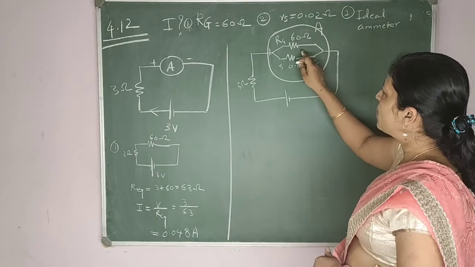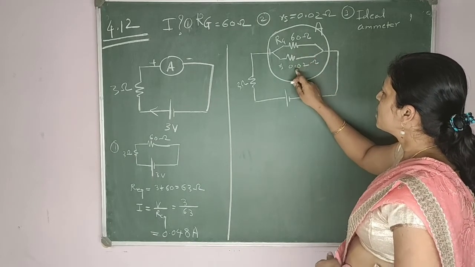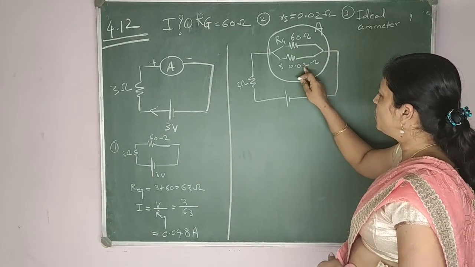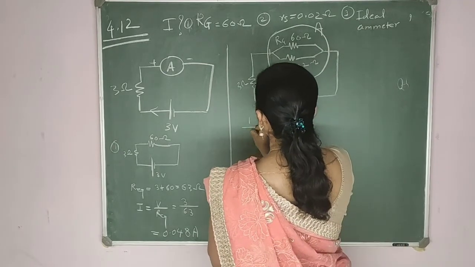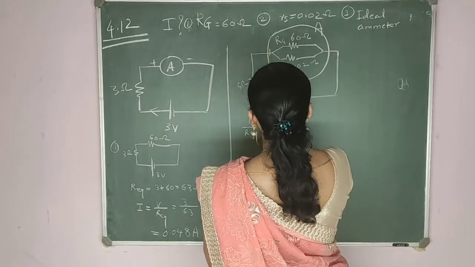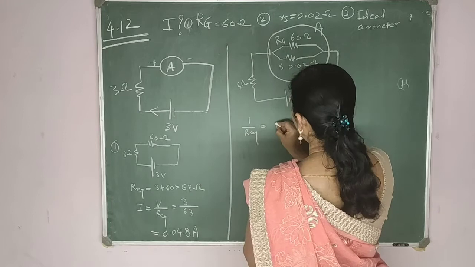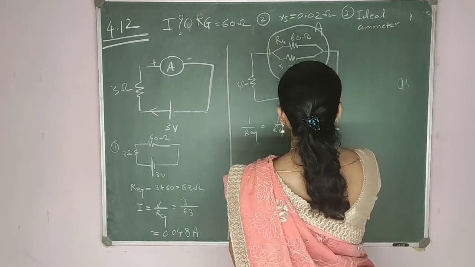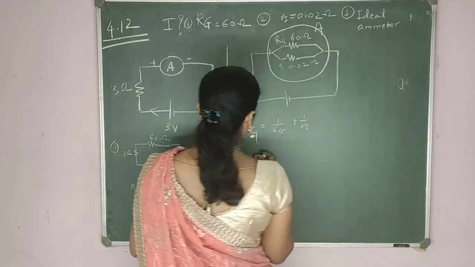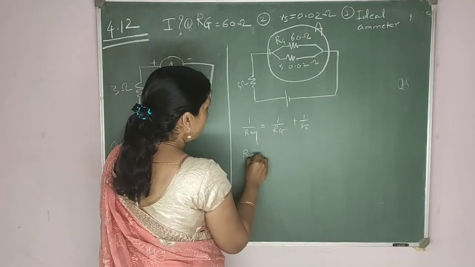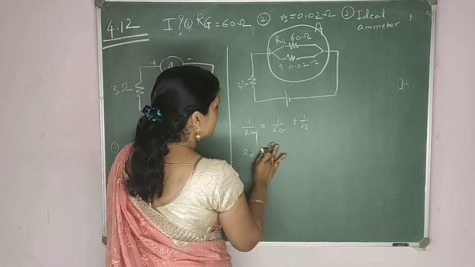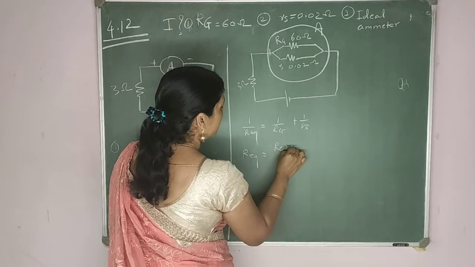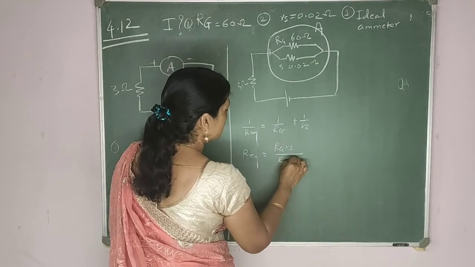Now what will happen? First we have to calculate the parallel resistance of these two. So 1 upon R equivalent equals 1 upon Rg plus 1 upon Rs. You can write R equivalent equals Rg Rs upon Rg plus Rs.